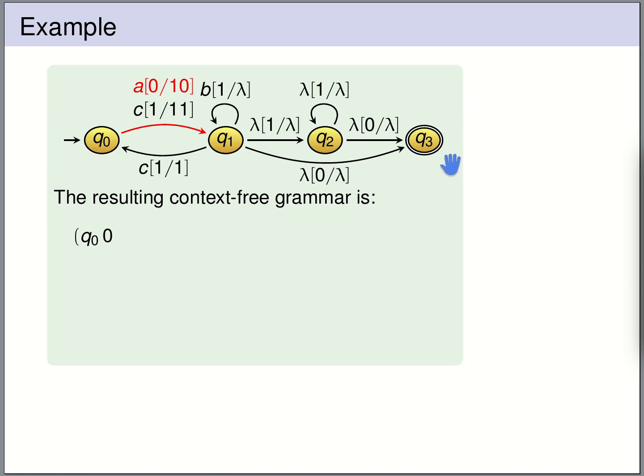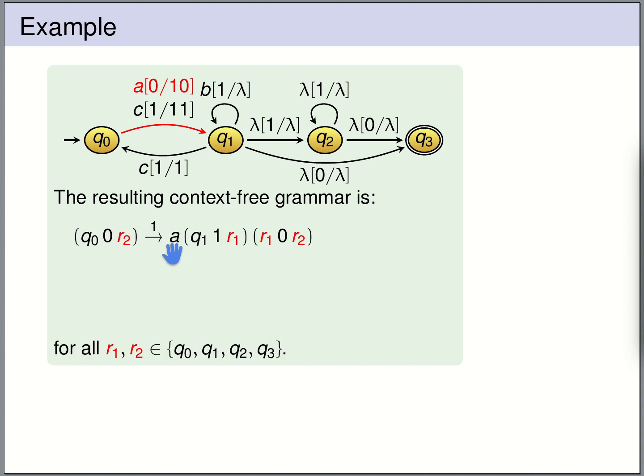So now we transform this automaton into a context-free grammar. We have to translate every transition in the automaton into a number of rules in the grammar. So we start with this transition highlighted in red from Q0 to Q1 with input letter a, where the topmost stack symbol 0 is replaced by 1, 0. This gives rise to grammar rules of the form [Q0, 0, R2] rewrites to a [Q1, 1, R1] [R1, 0, R2].